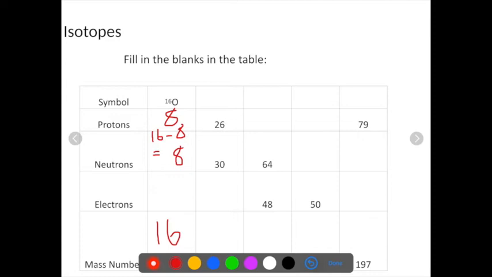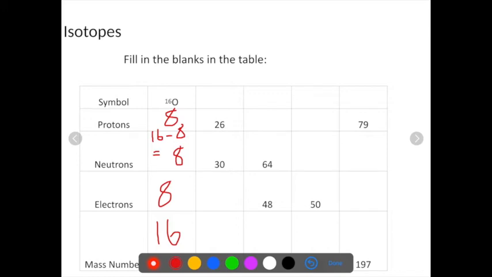Next it's asking for electrons. There's no charge on this symbol, it's just oxygen 16, so the electrons are equal to the number of protons. I'm going to write down the same number, 8.